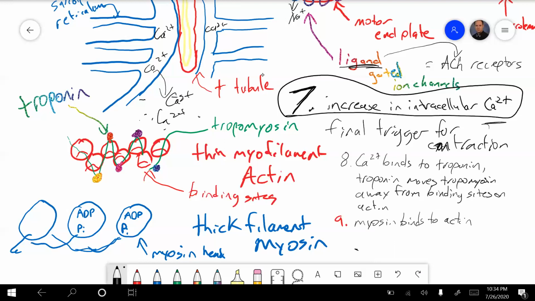So now that thin filament and that thick filament are stuck together. This myosin binds to actin. It's called your cross bridge.